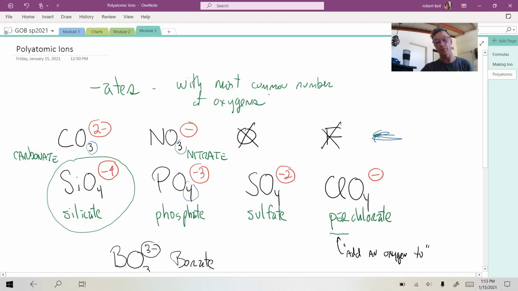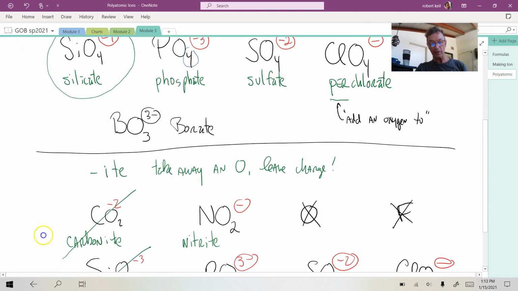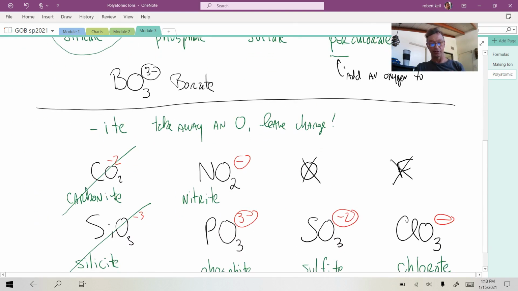So that means if you dig up nitrogen in the world and it's combined with oxygen, it's going to be 99% of the time a nitrate. It's the most common form. Carbon, you can breathe it out as carbon dioxide, but when it becomes part of a compound, it's almost always carbonate. Very rarely anything else. So that's the most common form, was the ate. The ite was you just take away an oxygen.